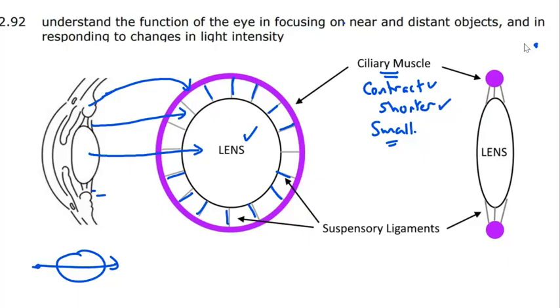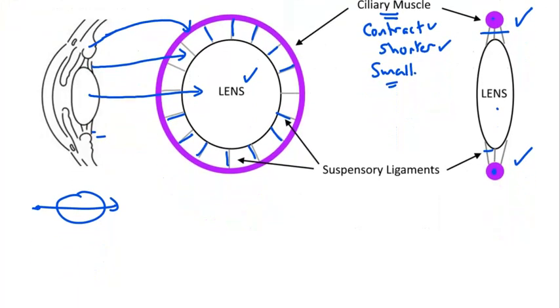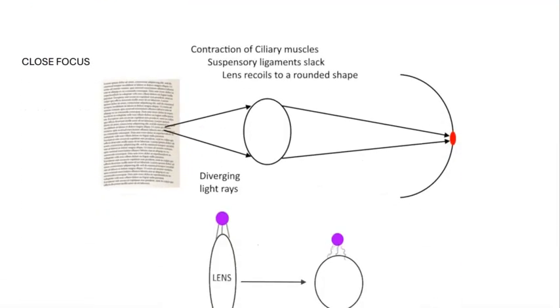And if we go back to cross-section again, there's the ciliary muscle, a circle with suspensory ligaments going all the way around, and here's the lens like so. So let's look at the focusing mechanism knowing this idea.